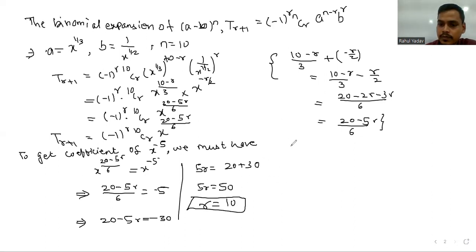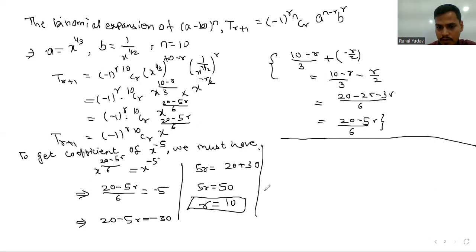So student, if I substitute the value of r in T(r+1), this equation or in equation 1, what we will get is T(10+1) is equal to minus 1 power 10 into 10C10 into x power (20 minus 5 into 10) whole divided by 6.